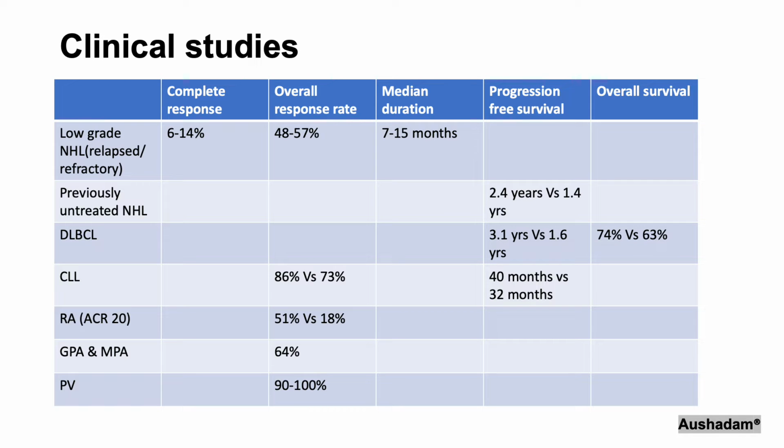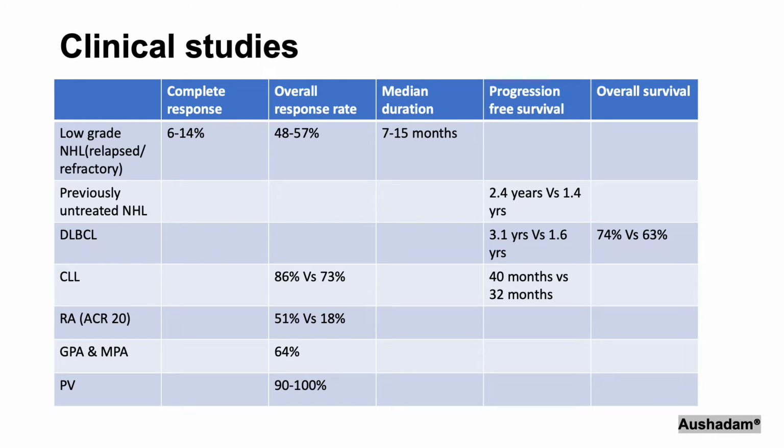These are some of the clinical trial data to know about this drug and what to expect in patients with relapsed or refractory low-grade B-cell lymphoma. As a single agent, the complete response rates are around 6 to 14%, with an overall response rate around 50 to 57%.